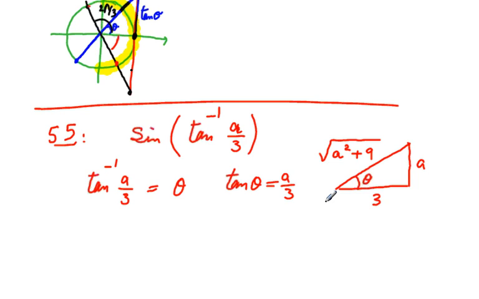Okay, in this context, remember this was our angle theta. So what we are really asking is, what is sine of theta? If theta is an angle such that its opposite is A and its adjacent is 3, so that its tangent is A third, what would its sine be?